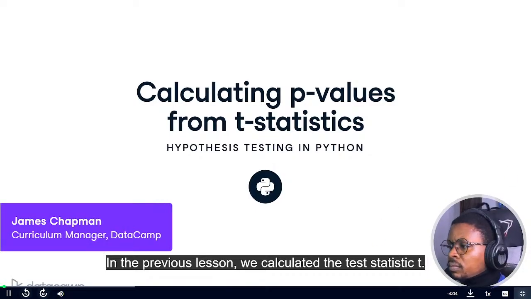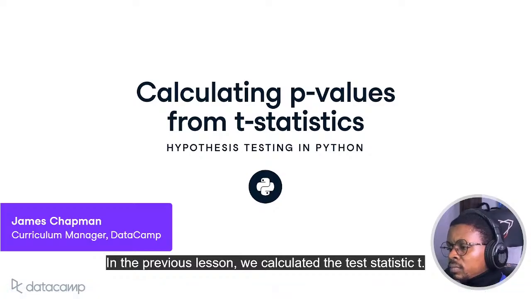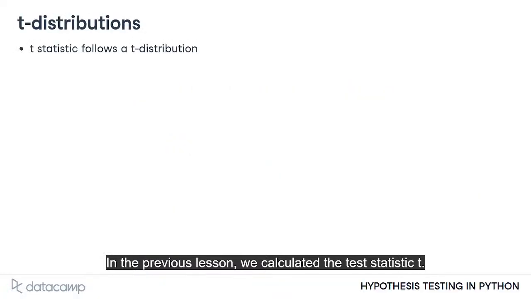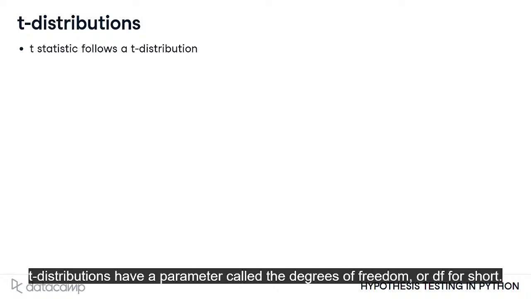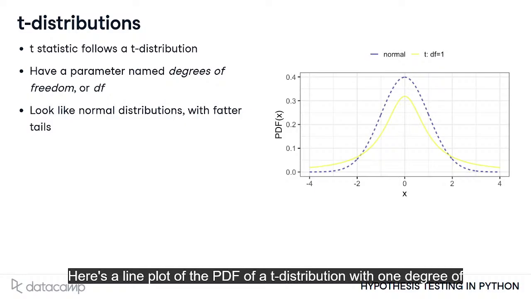In the previous lesson, we calculated the test statistic t. The test statistic t follows a t-distribution. T-distributions have a parameter called the degrees of freedom, or df for short. Here's a line plot of the PDF of a t-distribution with 1 degree of freedom in yellow, and the PDF of a normal distribution in blue dashes.